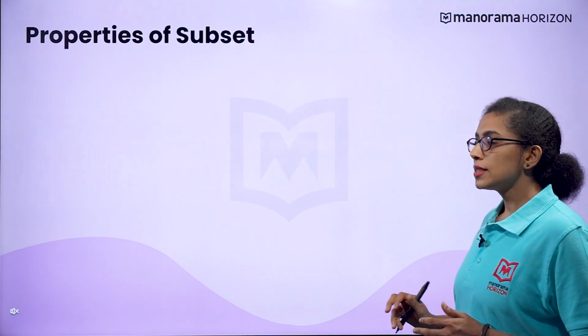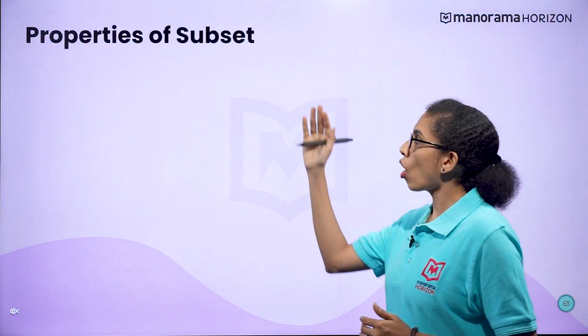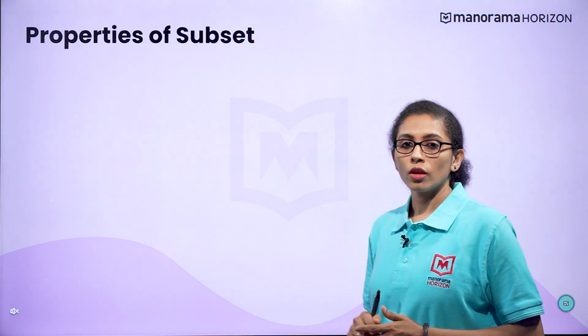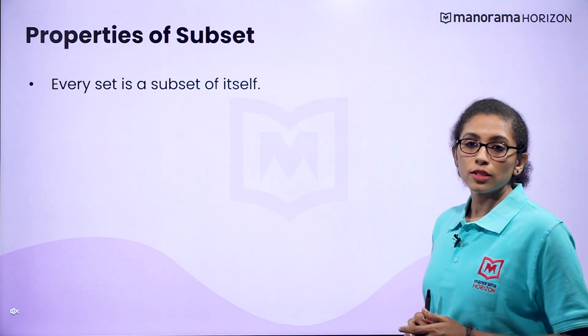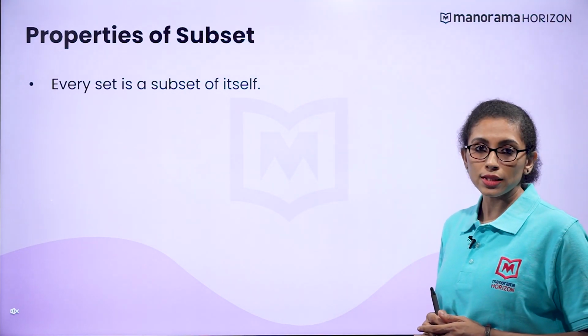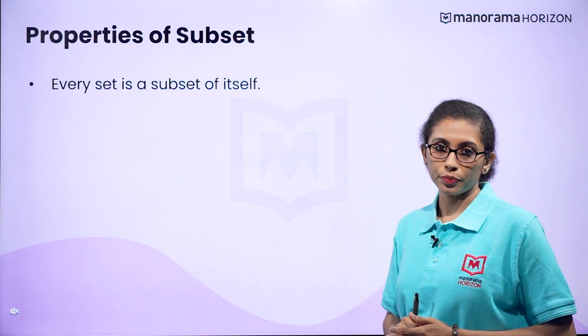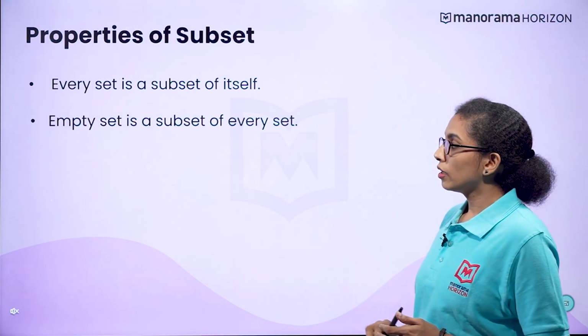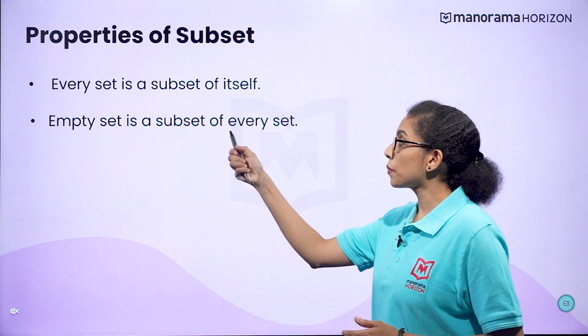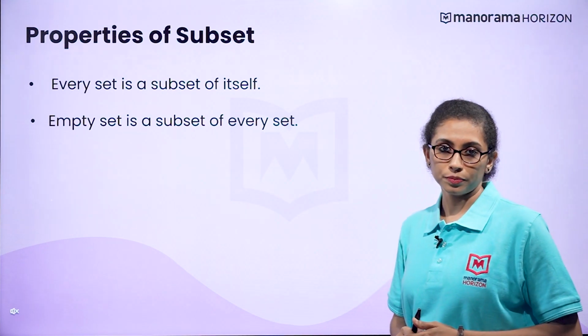Let's discuss some important properties of the subset. The first very important property is every set is a subset of itself. Second, the empty set is a subset of every set.